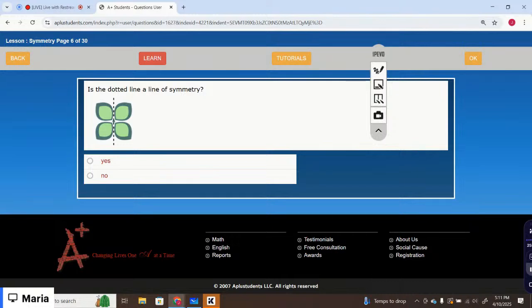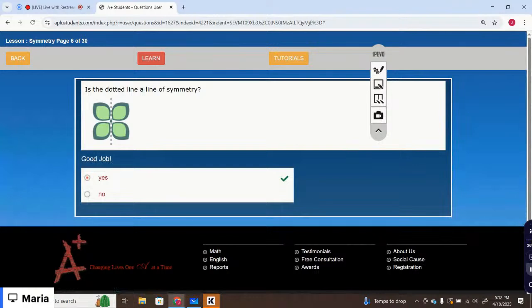Is the dotted line a line of symmetry? Yes, that is a line of symmetry. Option number one is the correct option.